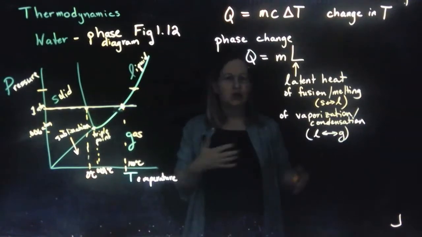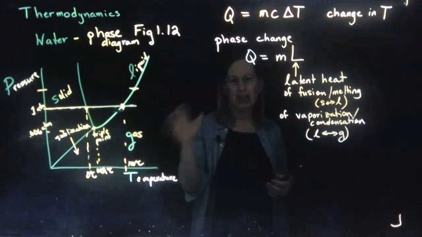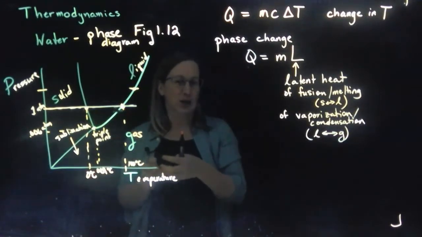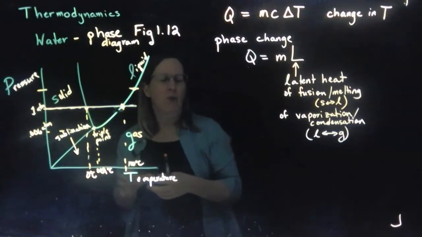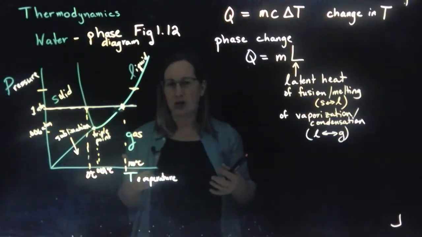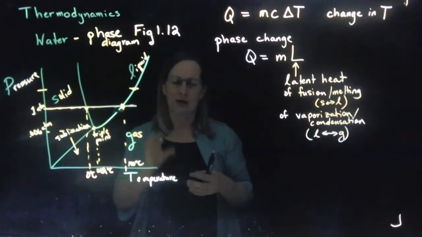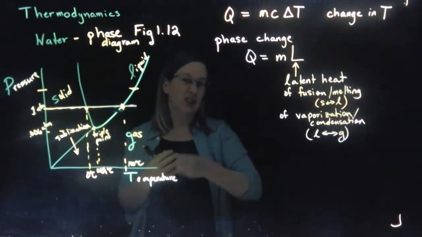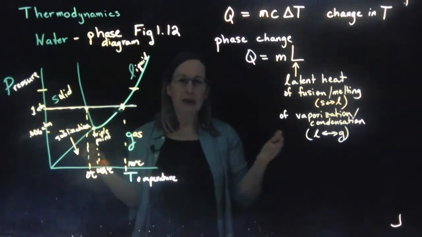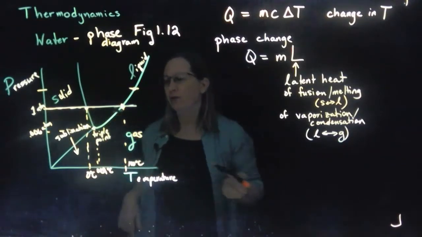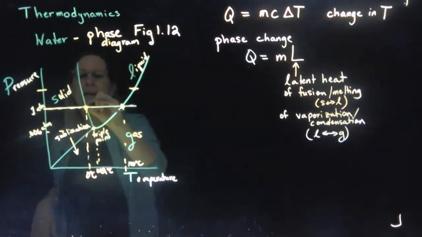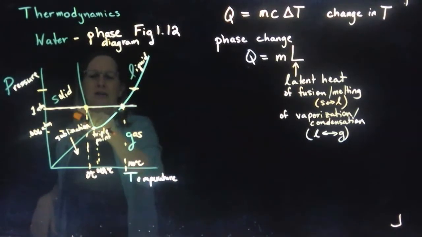So if we're again trying to figure out if we have a glass of water and we're putting an ice cube in it, then we're asking what's the final temperature? Well, if we're left with water and a little less ice, but the ice isn't completely melted, then we know our final temperature is sitting here, because that's the point a solid and a liquid can be at equilibrium with each other.